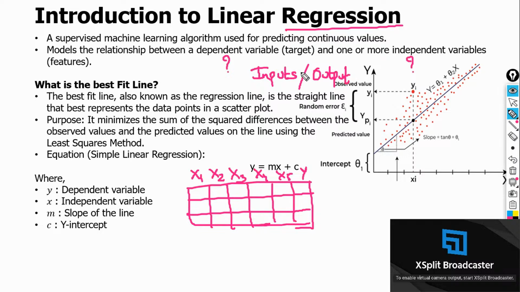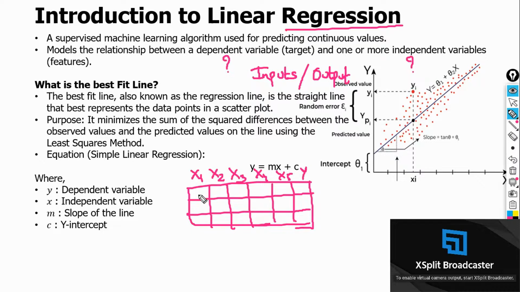So the main aim of linear regression is to establish a relationship between our inputs and output. X are inputs and Y is output. But which is depending on which one? Are inputs depending on output, or is output depending on input?